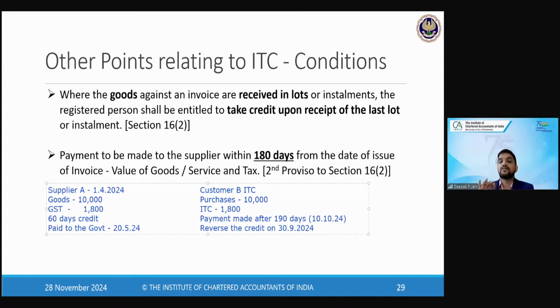The receiver who has claimed the credit has not made the payment within 180 days. So he will have to reverse the credit on 30th September. Once he reverses the credit, will A get something then?